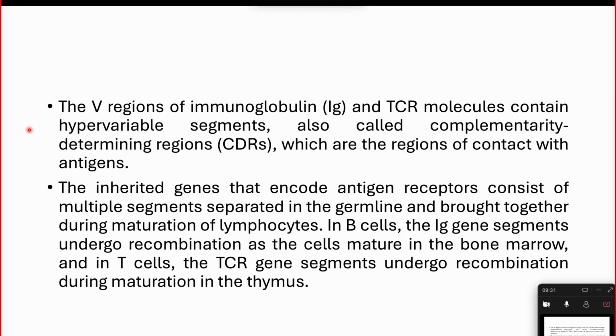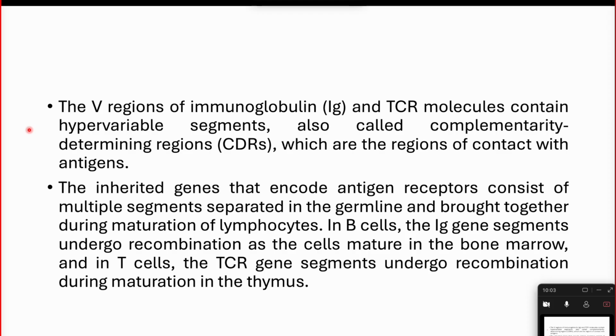So we'll see a little bit more about this VDJ joining. I have a small video reference of how exactly VDJ joining works, and obviously textbooks are the best source. So you should go back to the textbooks, look at the VDJ joining, and then you'll understand how the variability is associated with the B cell receptors and T cell receptors.